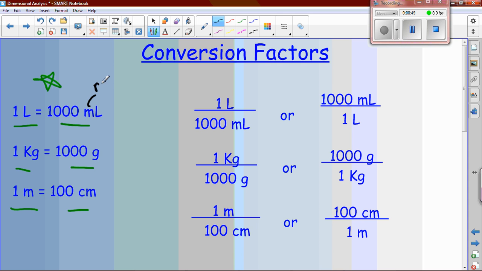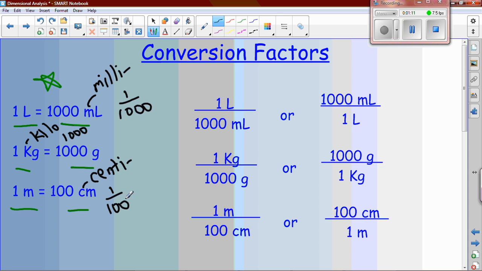And this is coming from milli, which means 1/1000th. And we've got 1 kilogram, kilo, which means 1,000, equal to 1,000 grams. And then 1 meter is equal to 100 centimeters. And again, centi is the prefix for 1/100th.